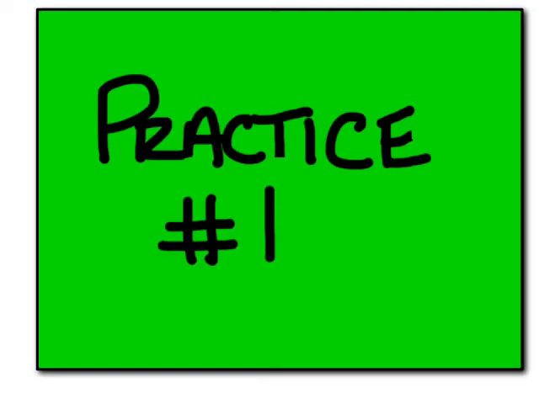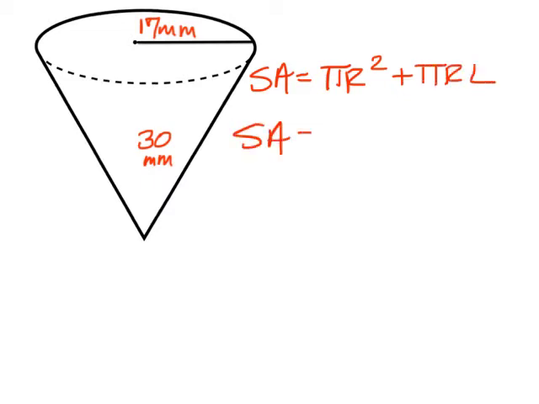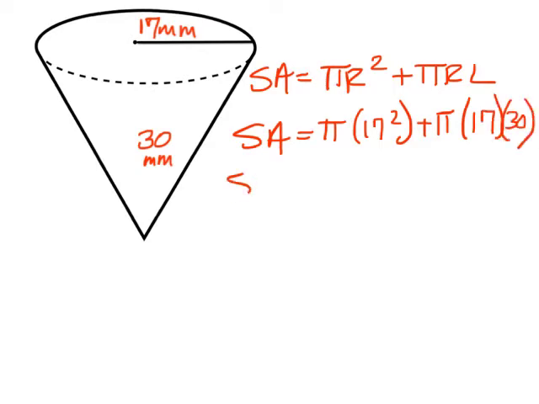Practice problem number 1. Find the surface area of a cone with a radius of 17 millimeters and a slant height of 30 millimeters. The solution is to write the formula first, pi r squared, and then plus pi rl. R is 17, so we must square that, and then plus pi times 17 times 30.